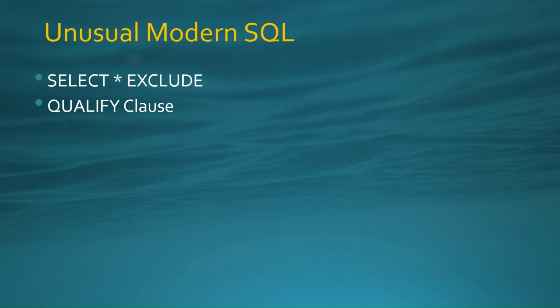We'll talk about the qualify clause. If your where clause includes a window function call, it will fail because window functions are evaluated after the where clause. So this is why they added the qualify clause, and this stands for SQL itself. This is not just Snowflake.